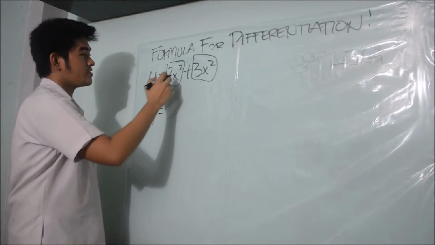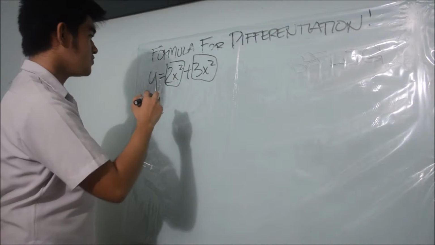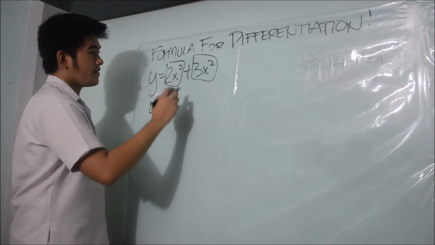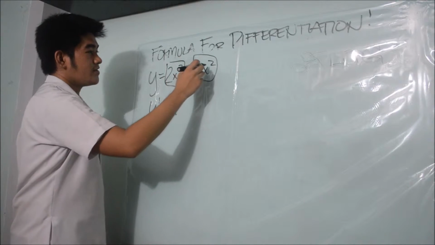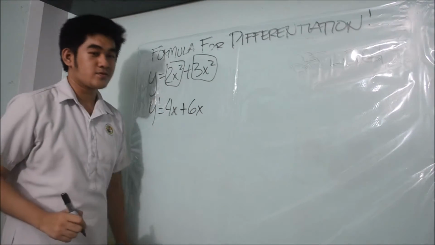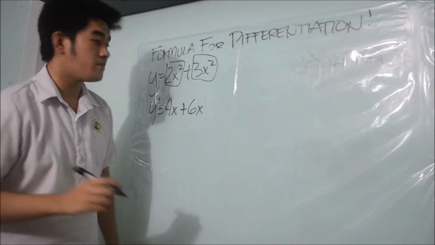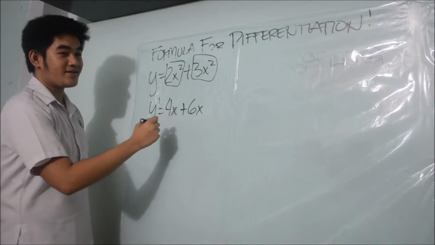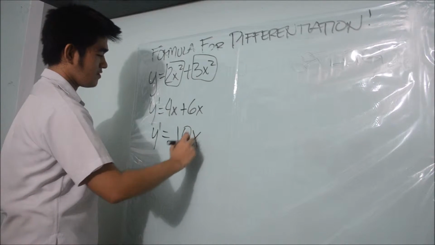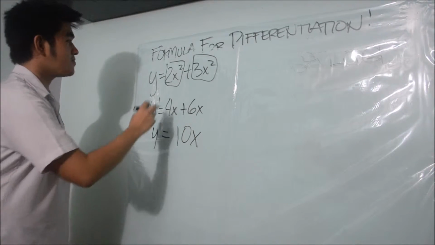So the derivative of 2x squared is 4x, and then the derivative of 3x squared is plus 6x. Since we're dealing with an algebraic sum, we can further simplify this equation, and that's the derivative of the equation.